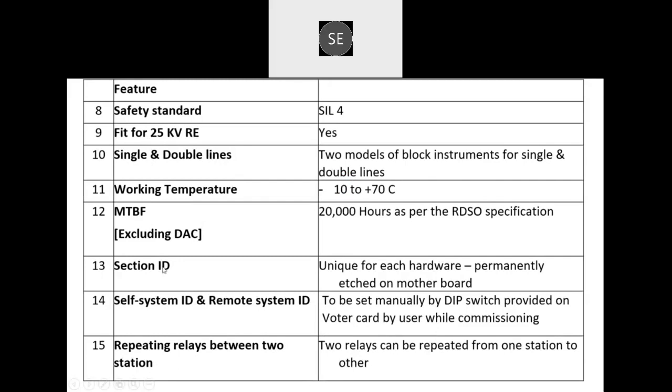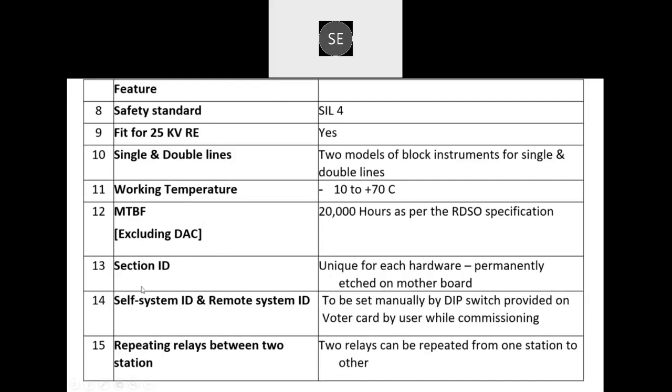There is a permanent section ID etched on the motherboard of this block instrument. This provides additional safety, so that by etching this section ID permanently on the motherboard, that particular block instrument will only communicate with its pair, and will not communicate with any other block instrument which is not in its pair.